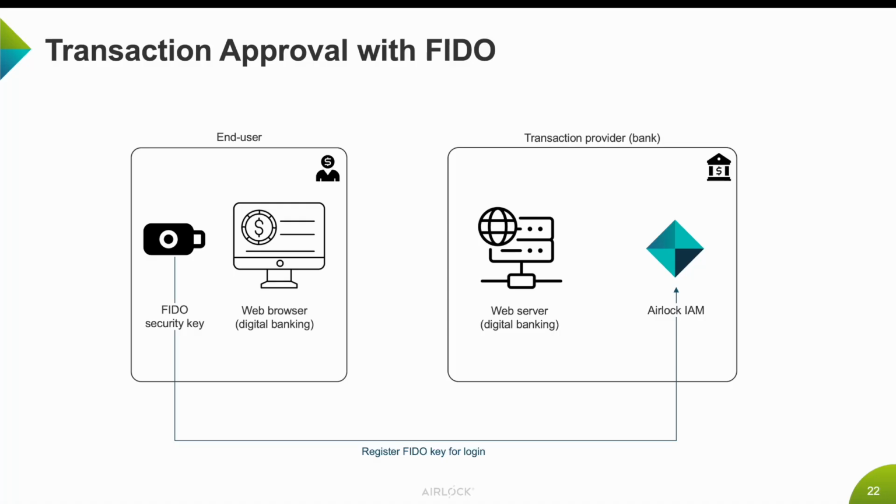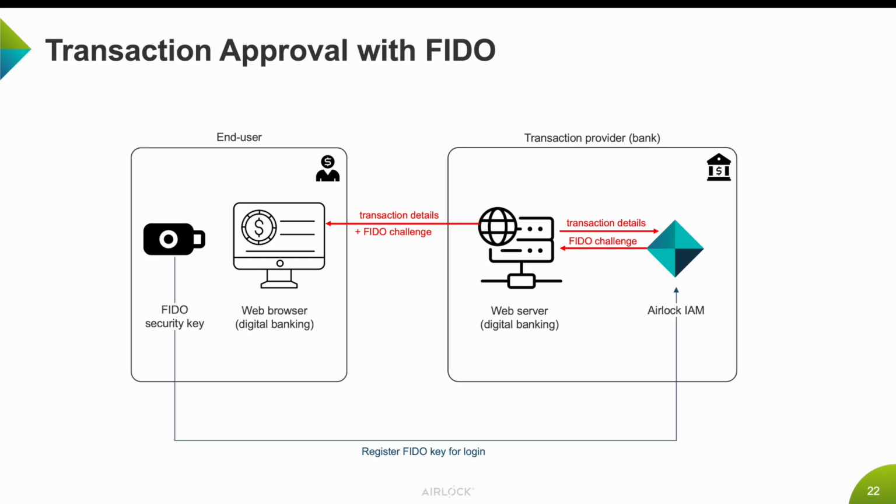To have a transaction approved by the user using FIDO, the web server sends the transaction details to Airlock IAM, to the transaction approval interface, and gets back a FIDO challenge. The web server then sends the transaction details together with the FIDO challenge to the web browser of the user.